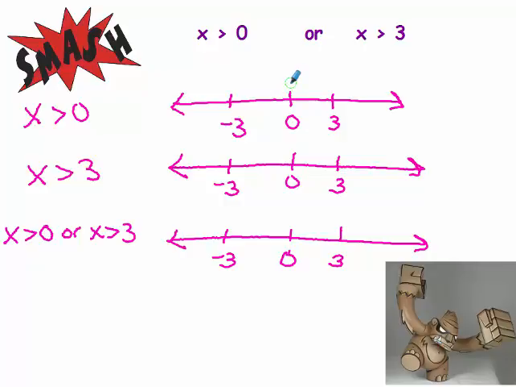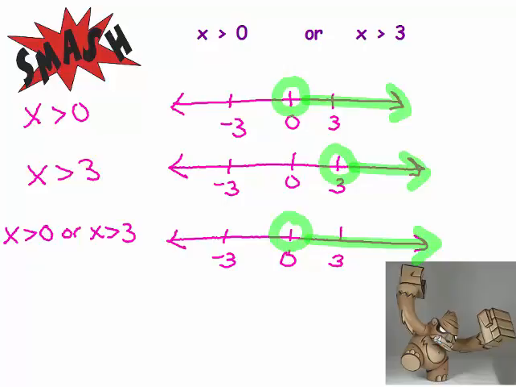X is greater than 0, open circle on 0, shaded to the right. X is greater than 3, open circle on 3, shaded to the right. Now this time if I could pick up the first graph and smash it onto the second graph, everything from 0 up would be shaded. That is your disjunction graphs.